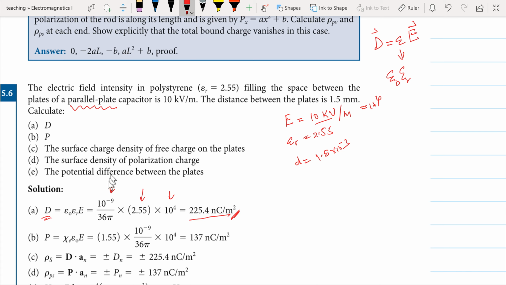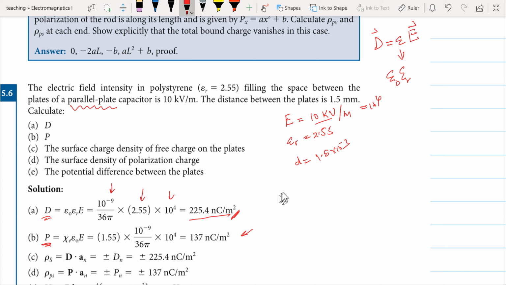The second part requires us to find the polarization vector P. If you remember in our last equation, we said that when a material is polarized, it promotes or increases the flux that is going through, or the electric field that builds up in the material.